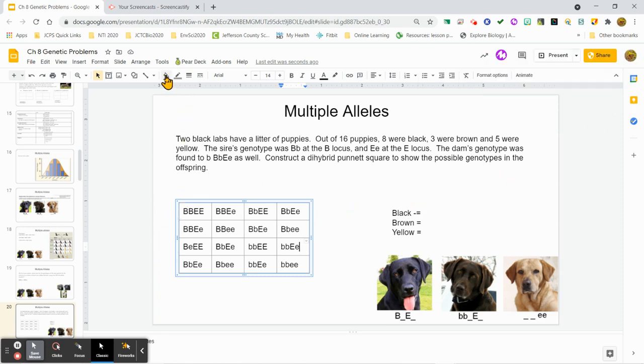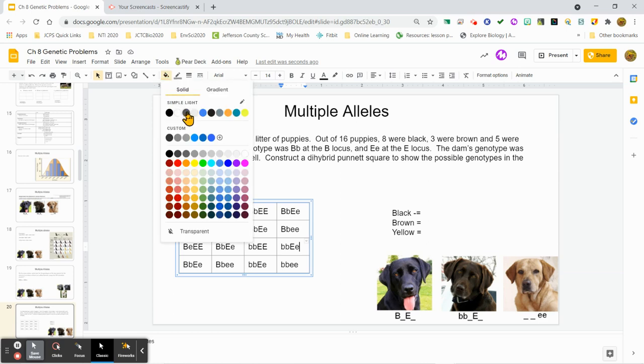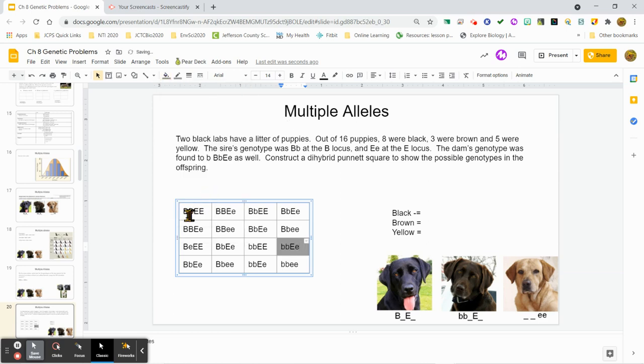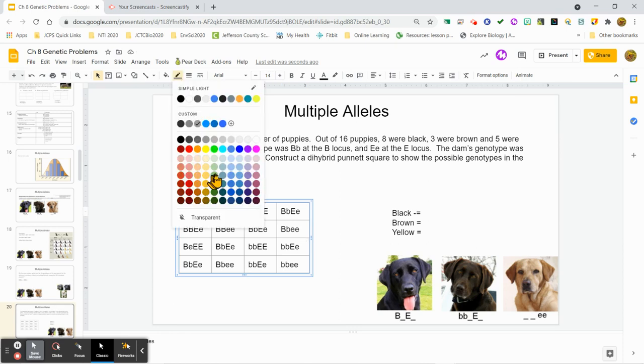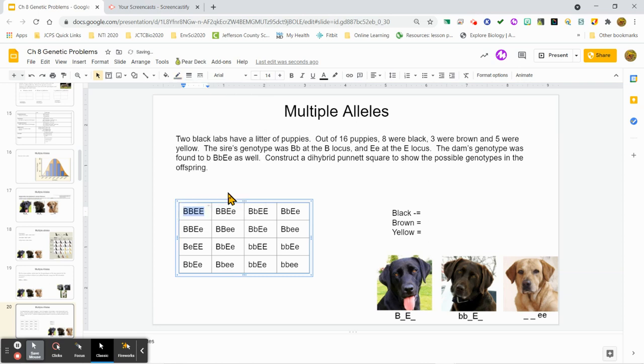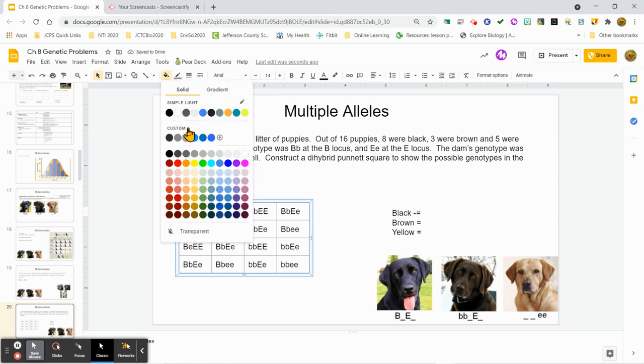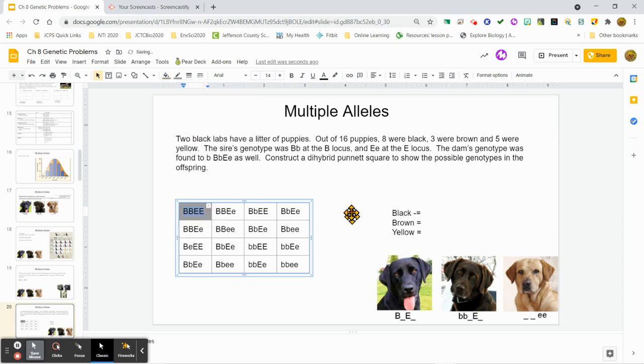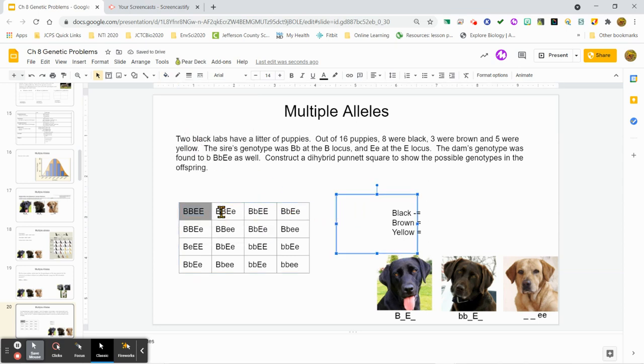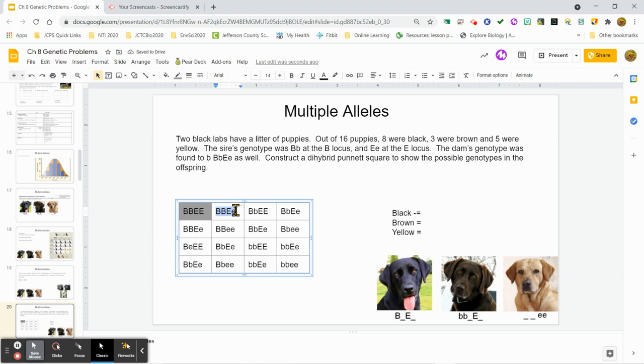So the ones that will be black, I'm going to do this gray. So these will be black. So it has to have a big B and a big E to be black. So this one's going to be black. This one's going to be black.